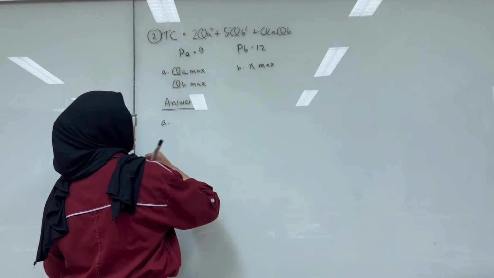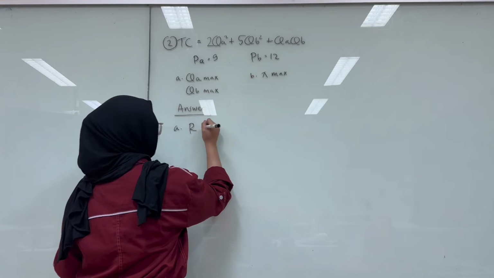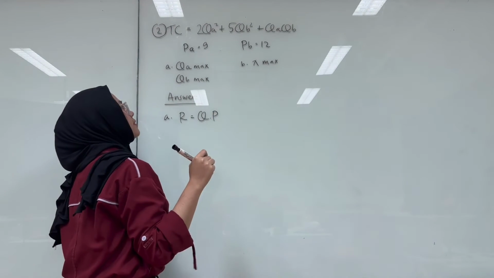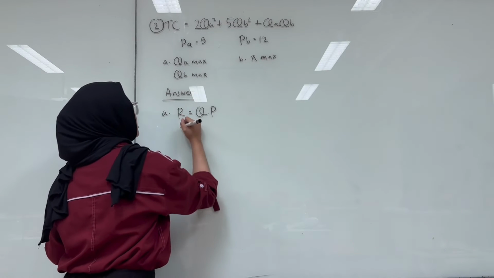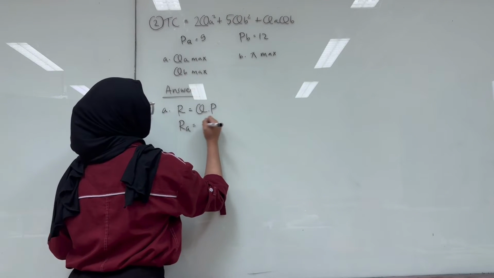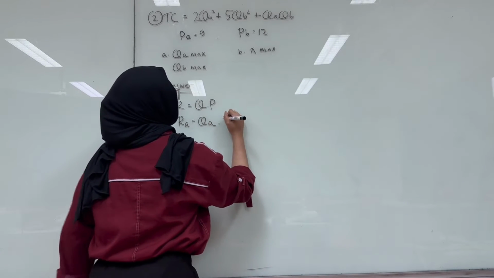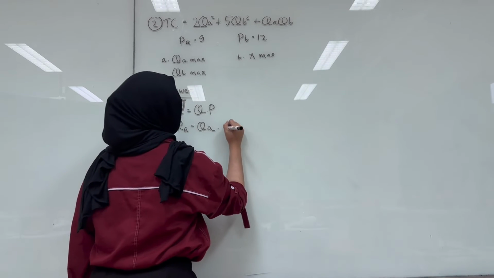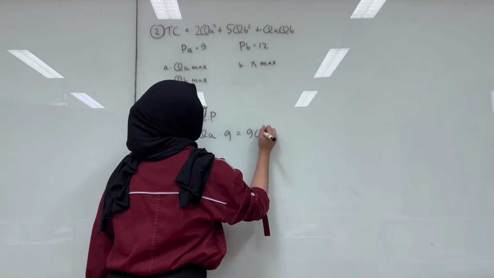The formula of the revenue is quantity times price. We just write the quantity, and the price is 9, so we have 9 QA.